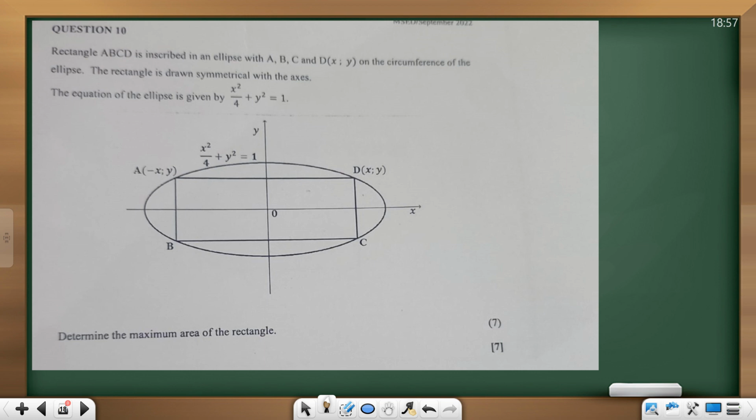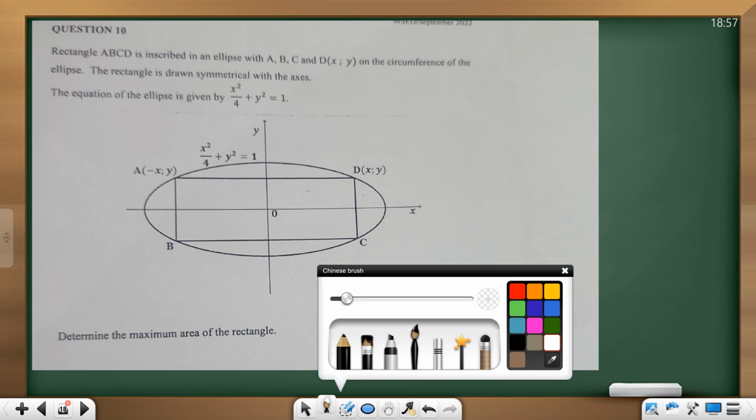Now, I want to show you something quickly here. The basic thing I want you to see, guys, is this. What is the coordinate of D? It is x and y. Change that y and write it in terms of x, and you are done.